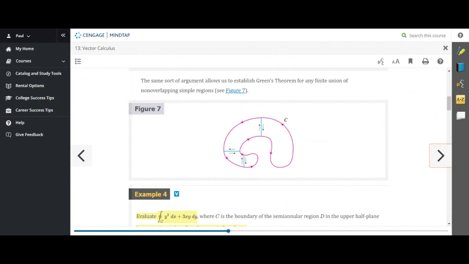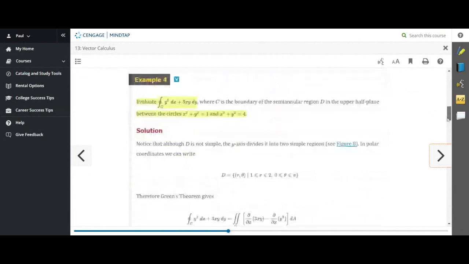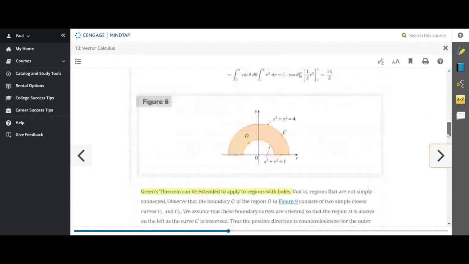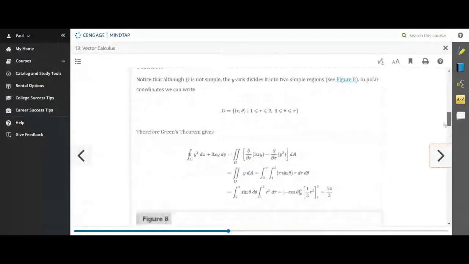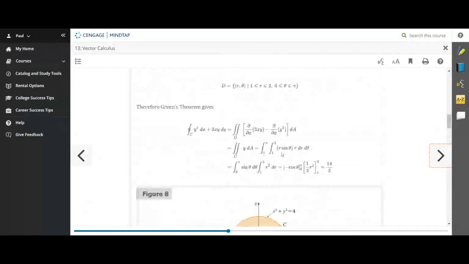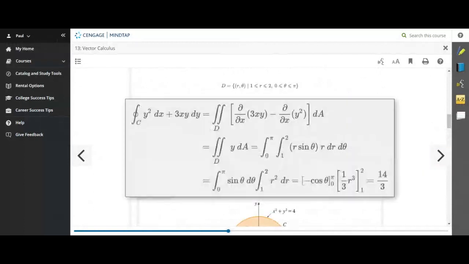So effectively it cancels out, and so it works out. So in this problem, for example 4, figure 8, here's Green's theorem for that particular problem.